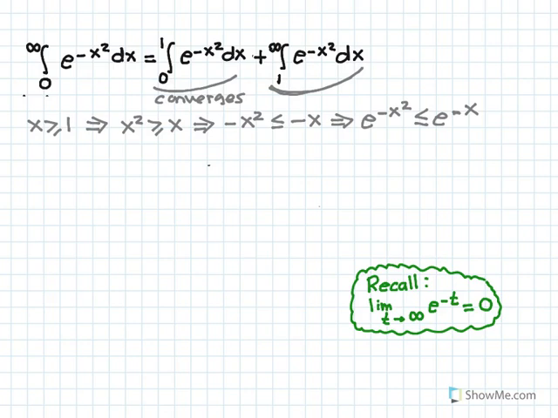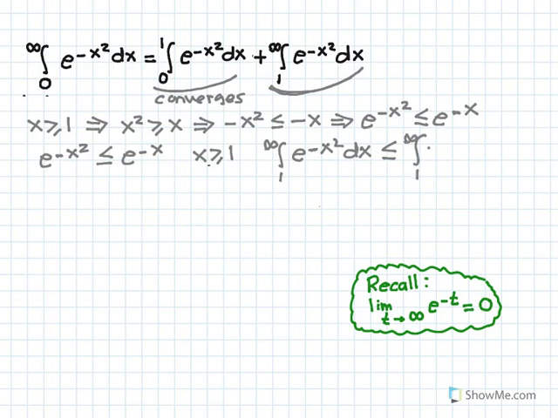So now, since we know that e to the minus x squared is less than or equal to e to the minus x when x is larger than or equal to 1, we can just integrate both sides from 1 to infinity. The integral of e to the minus x squared dx has to be less than or equal to the integral from 1 to infinity of e to the minus x dx.